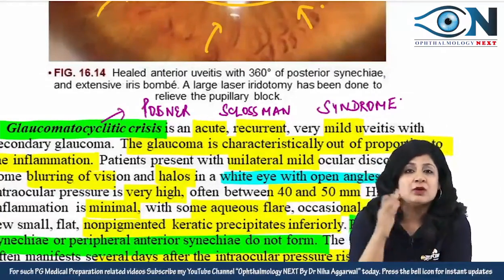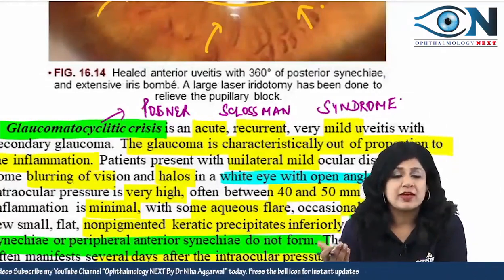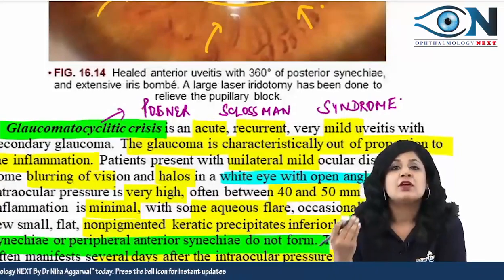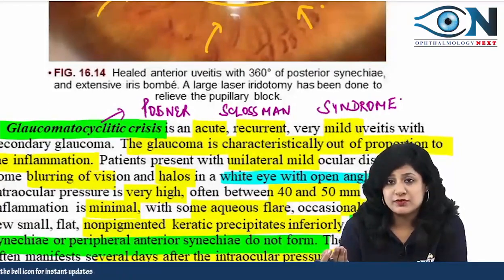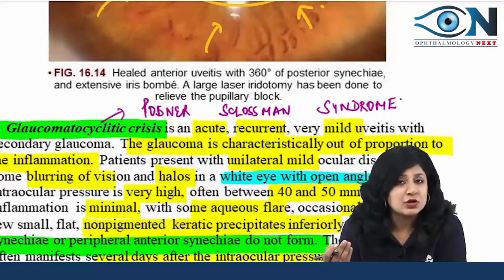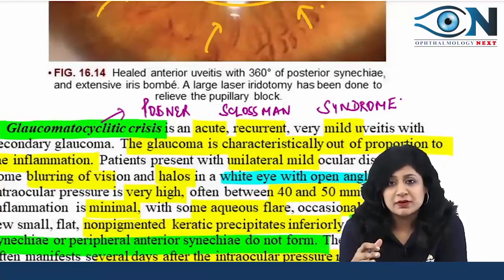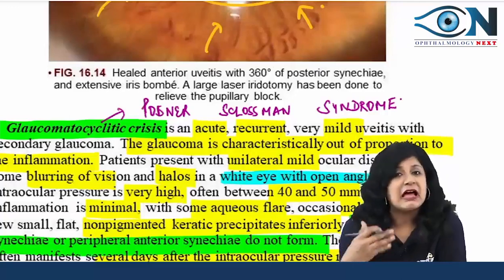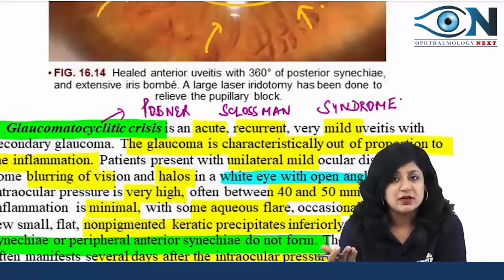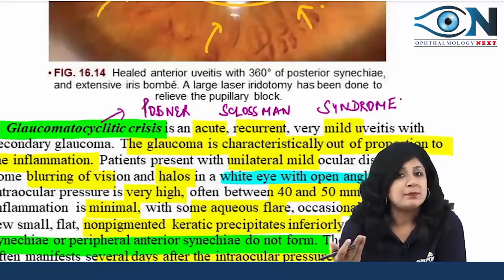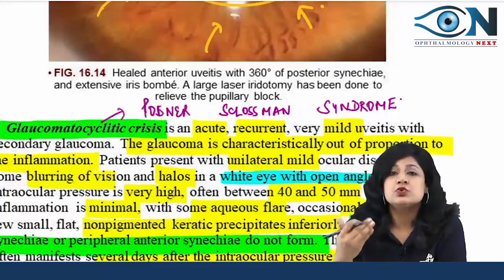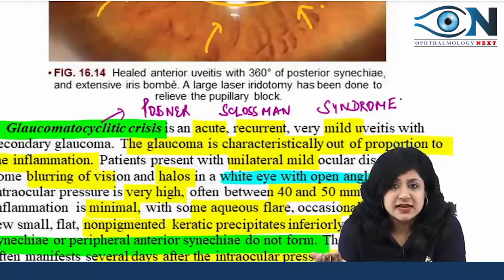First you have glaucoma, then you have cyclitic, that means then you have uveitis. It's a crisis where glaucoma is out of proportion to the uveitis. You are having such a high intraocular pressure, inflammation is minimal, you are having 40 to 50 mm of mercury, you are not having any congestion, the eye is white, the angle is open, and you will have non-pigmented KPs. This is usually unilateral and found in males.